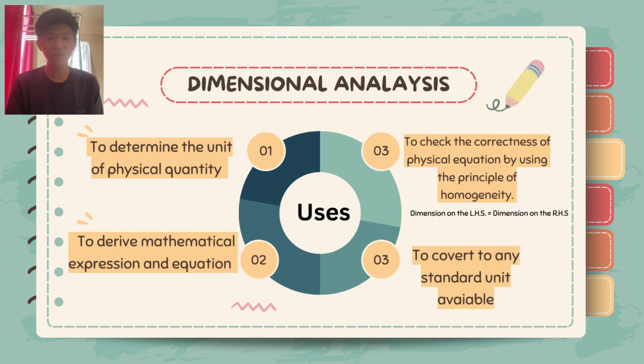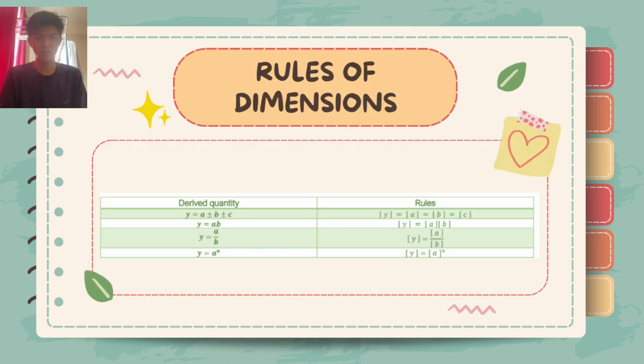The first one is to determine the unit of a physical quantity. Second is to derive mathematical expressions and equations. Third, to check the correctness of a physical equation by using the principle of homogeneity, that is, the dimension on the left hand side will be equal to the dimension on the right hand side. And the last one is to convert the SI unit to other convenient units.